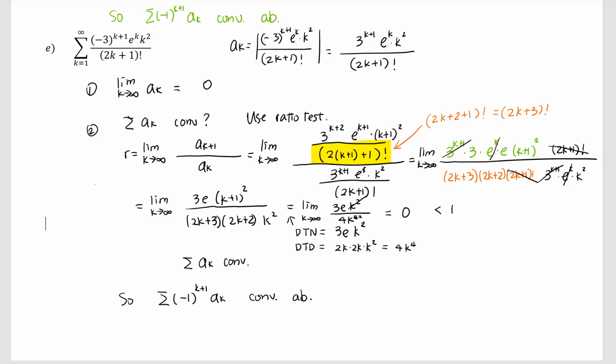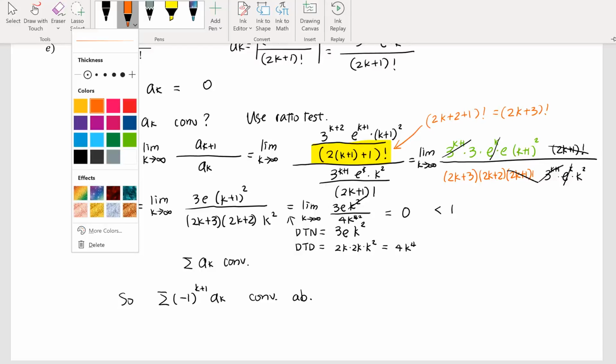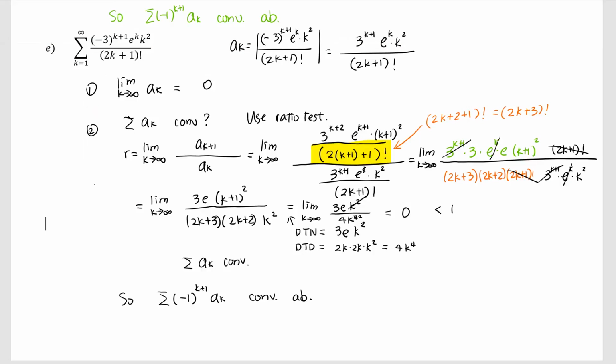Let me ask you, if you don't get 0, let's say you get 2, then what happens? If you get 2, then because it's greater than 1, the series diverges, and then you go to step 3.